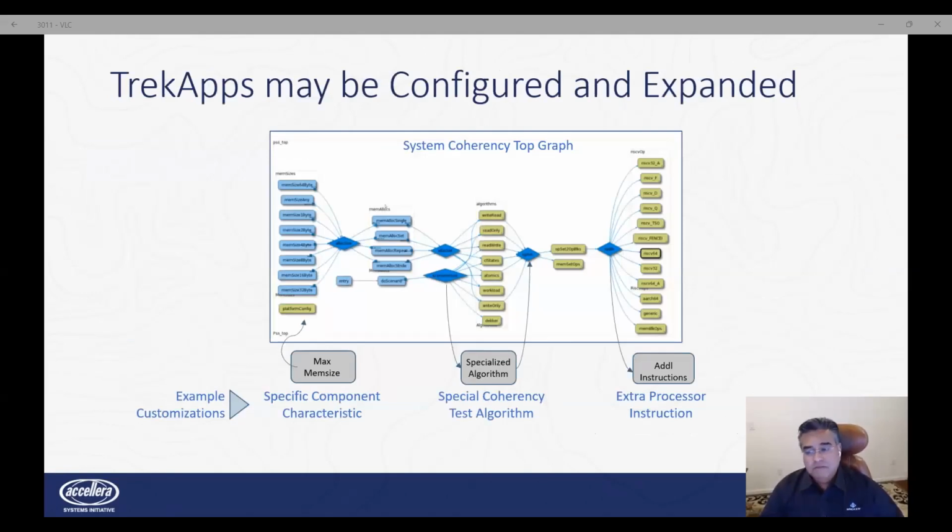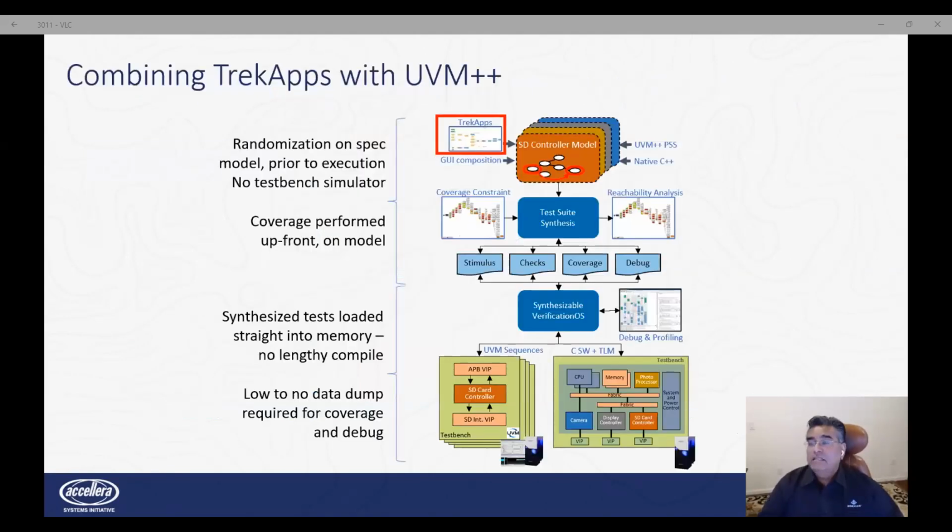Each of these apps can be configured and expanded as needed for each system, so they have flexibility at the Trek app level themselves. And in summary, we can combine the Trek apps provided by Breker and Trek apps built by the system teams with the UVM++ models that we're building for IP verification to create a full flow where they can go from UVM to subsystem to full chip, and from simulation to emulation to post-silicon.